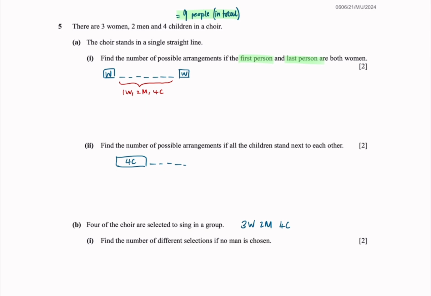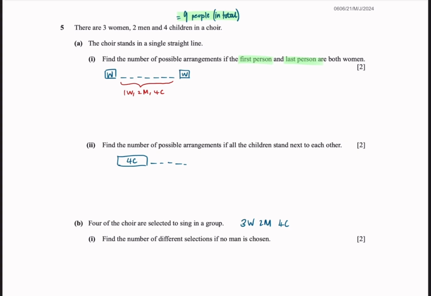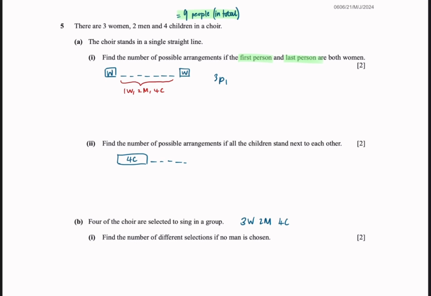For the first position, which is the woman, there will be 3 women possible to choose from, and it's 3P1 because there's only 1 space. And then for the last woman, it will be 2 women to choose from and 1 space, 2P1. The reason why it's 2 women is that there's already 1 woman chosen at first, so there's only 2 left.